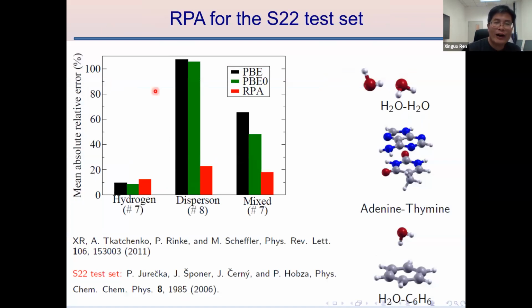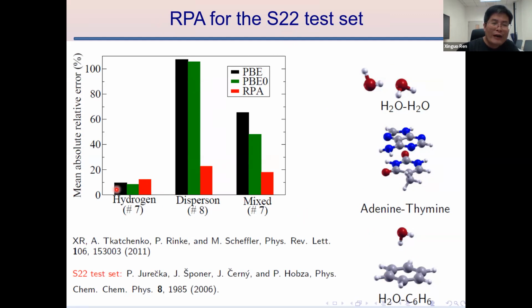Okay, and let's see how RPA performs for real systems. So here is a test set for van der Waals interactions, including three types of systems: the water dimer and other hydrogen bonding systems, some mixed bonding systems, or some pure van der Waals systems.